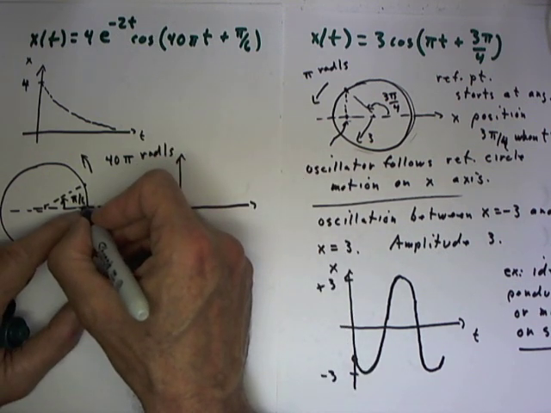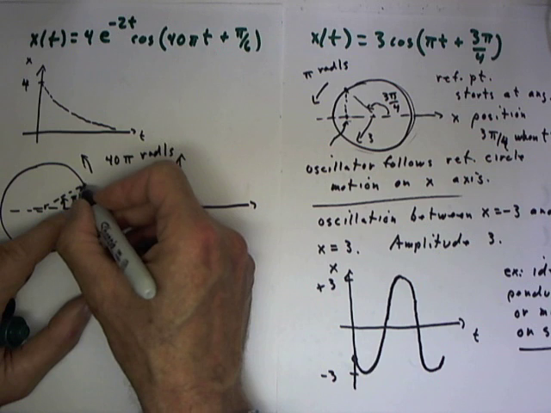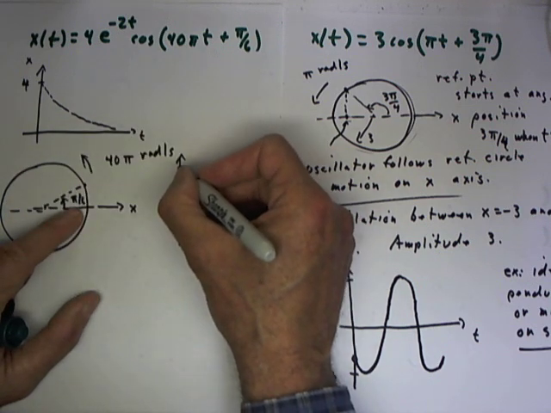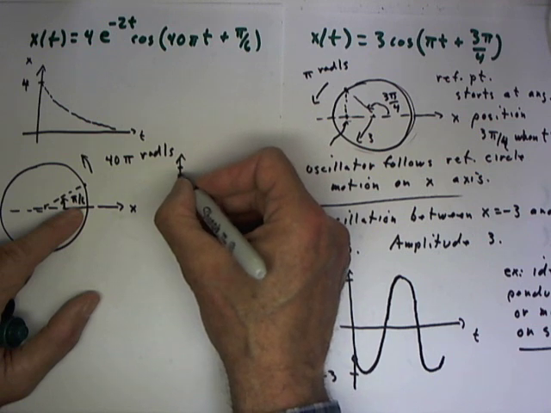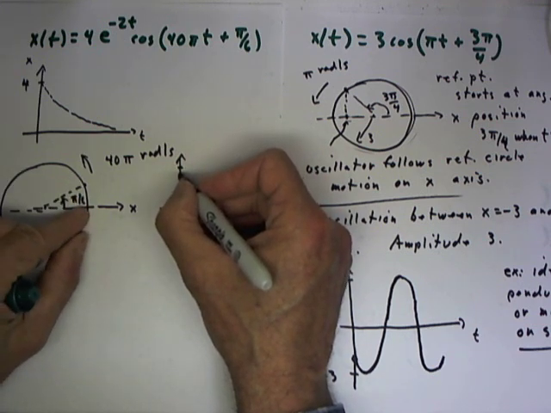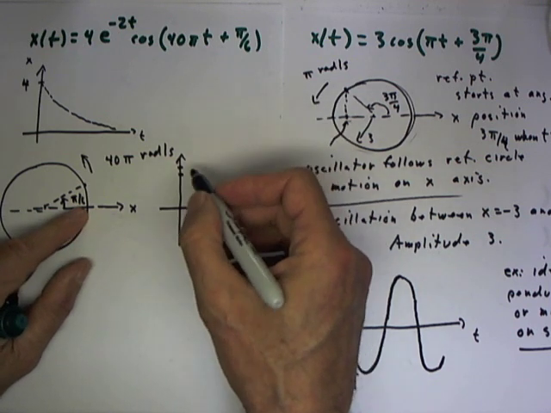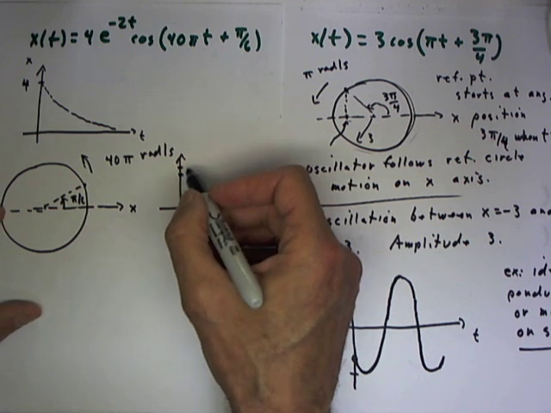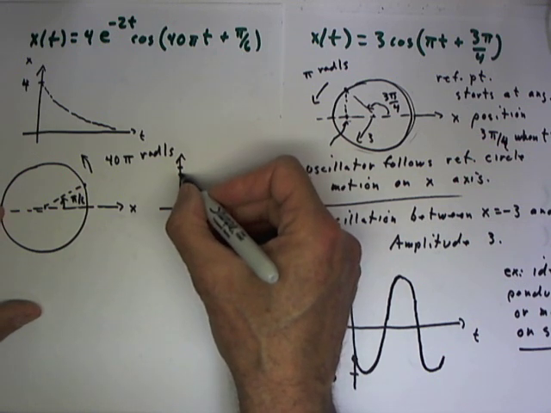We're starting at a positive value of x, and x is going to be decreasing as we move around this way. So we're going to have some maximum amplitude. We're going to start a little closer to the equilibrium because we're starting at the pi over 6 position, and we're going to then move down to 0 and then to negative maximum amplitude and so forth.